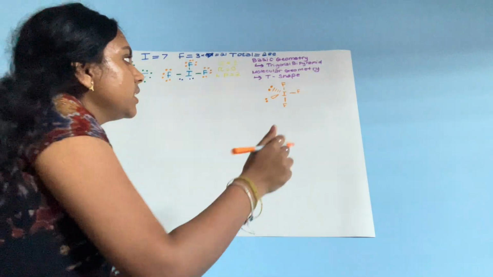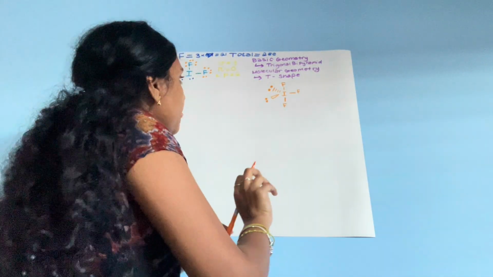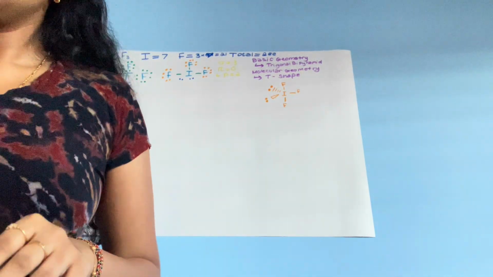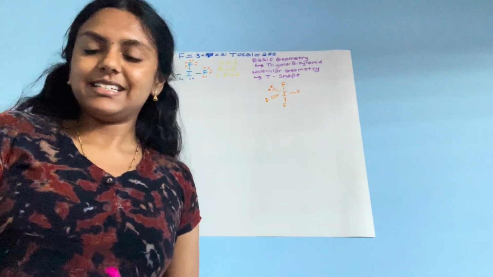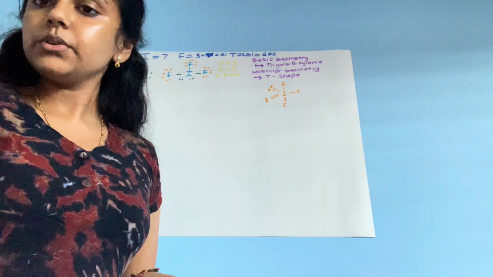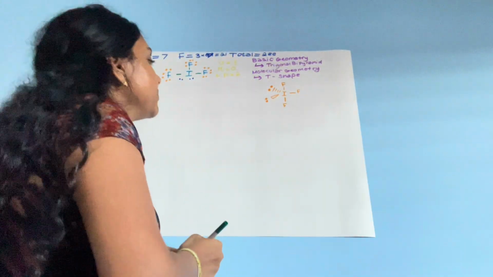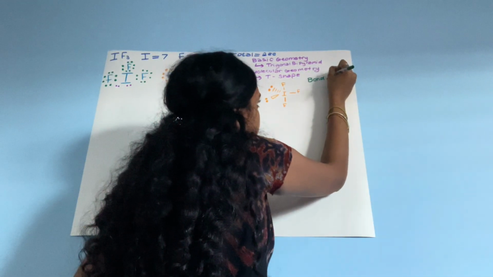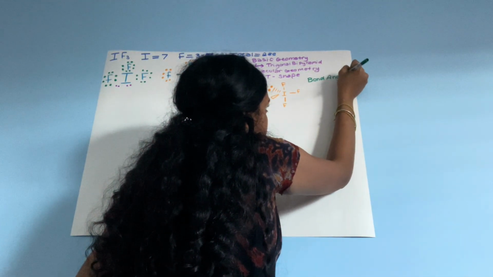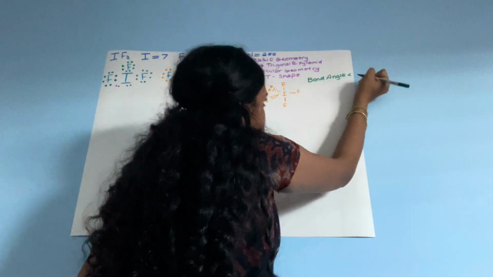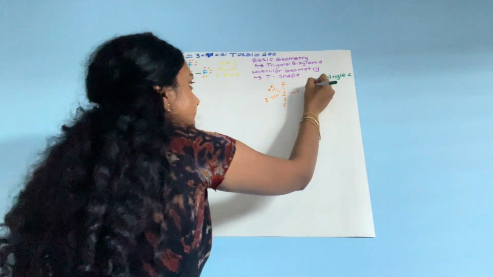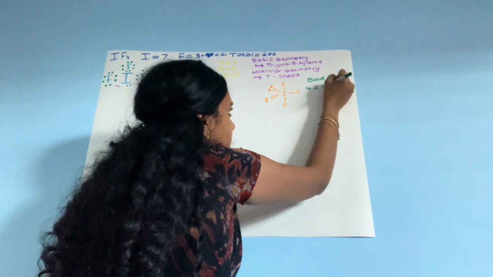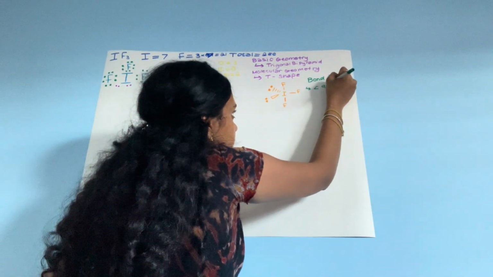Next, we are going to talk about bond angle. Our bond angle is just less than 90 degrees. So let's use green for bond angle. So our bond angle is less than 90 degrees.